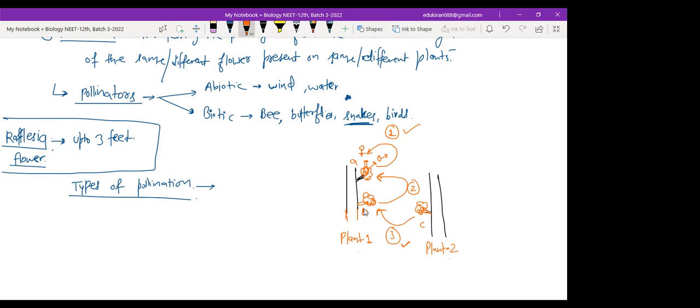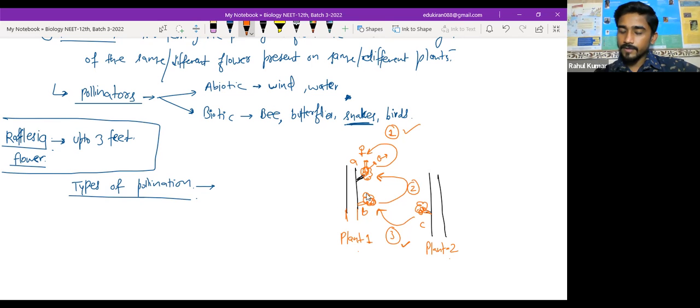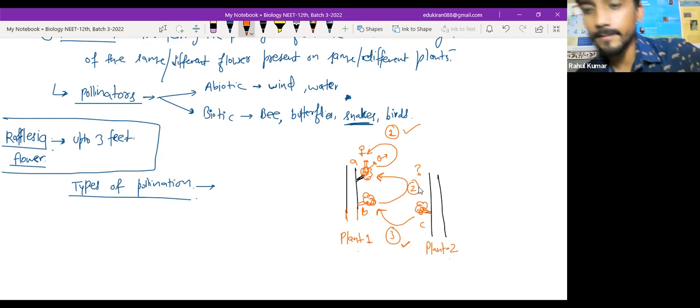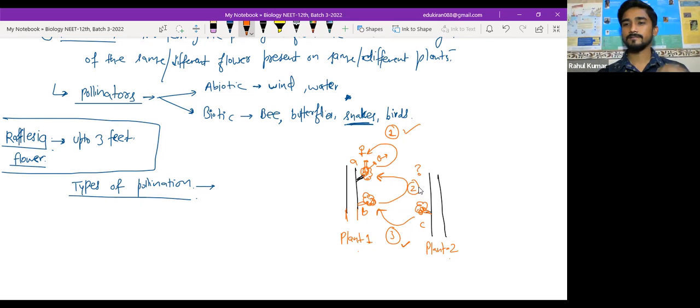Now what is this one, where it is happening within the same plant but between different flowers? Is it cross or is it self? That is the question. Please tell me your logic and arguments. Fatima, where is Fatima Munir? Why is she not speaking?